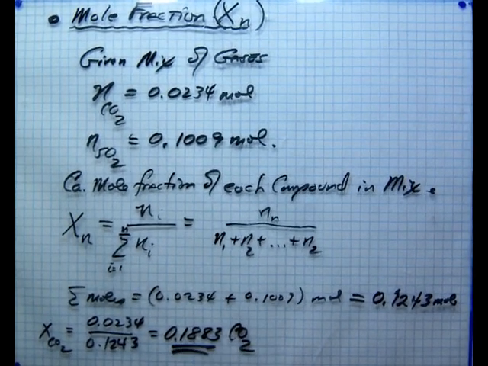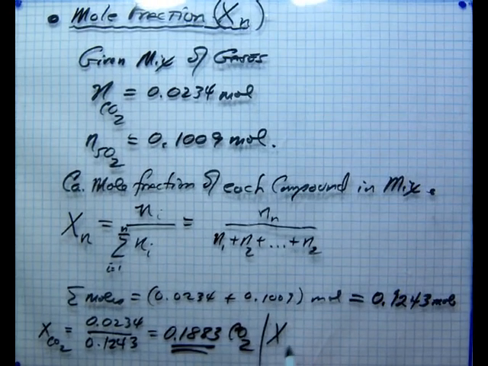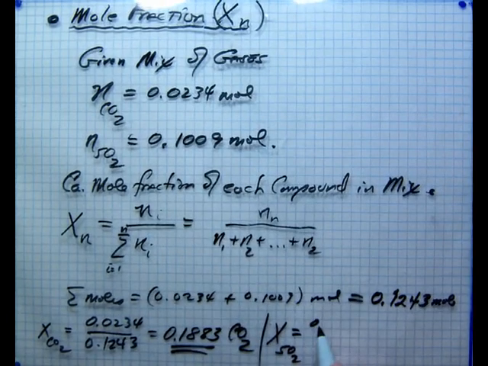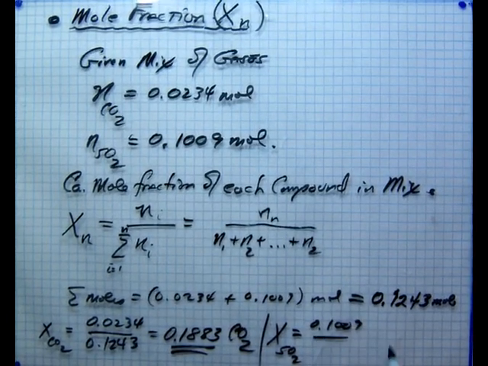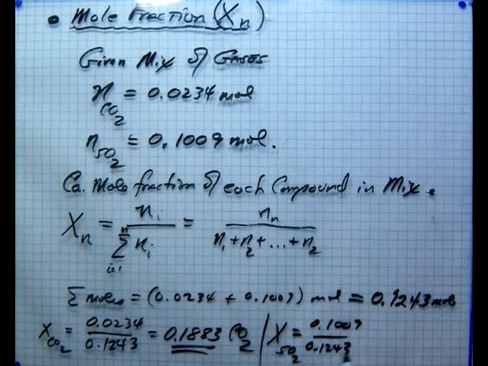So there's your mole fraction for CO2, and your mole fraction for SO2 is computed the same way: 0.1009 mole divided by the total, 0.1243 mole.